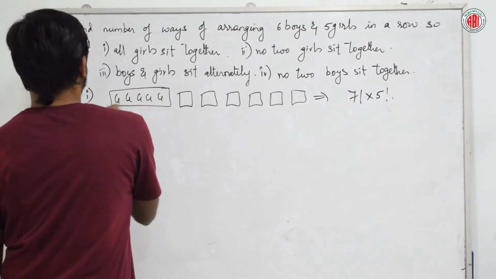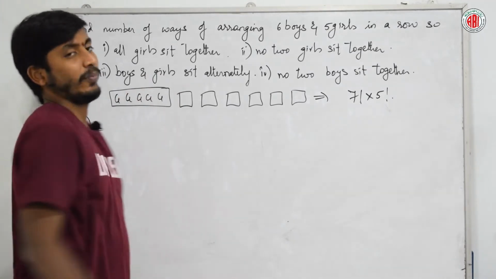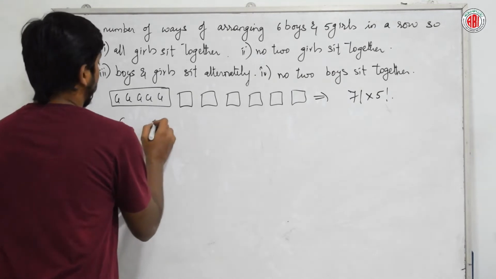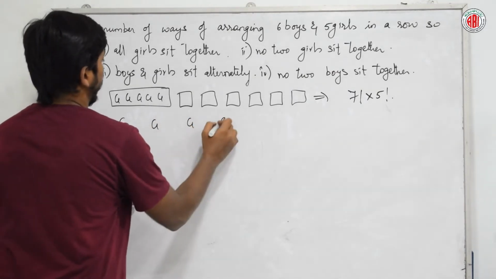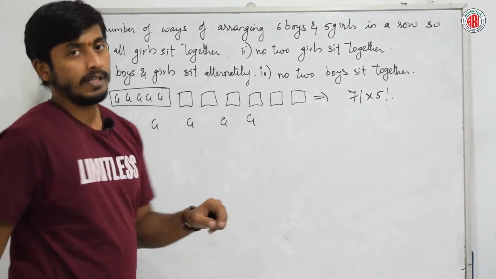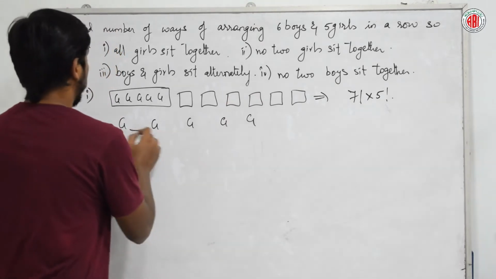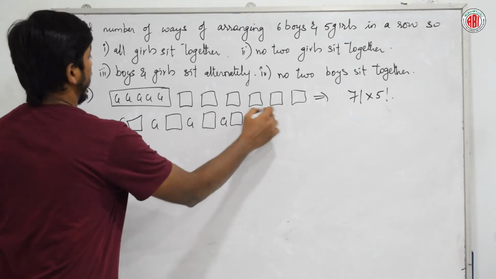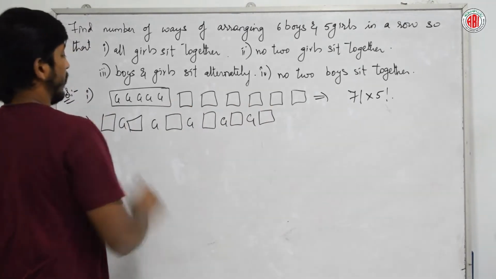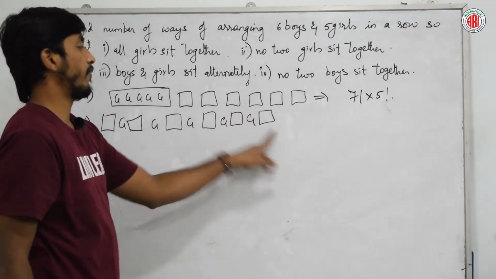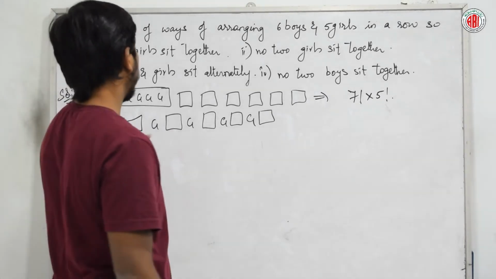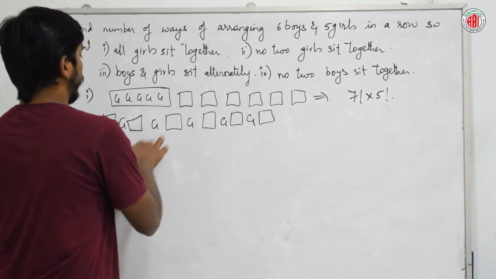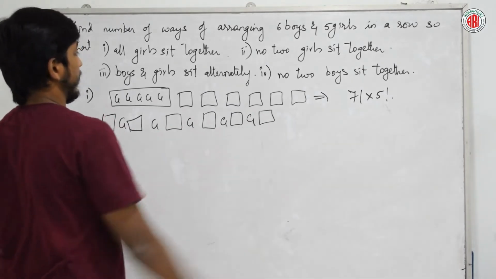No 2 girls sit together. Let me put the girls separately: 1, 2, 3, 4, 5. There are 6 positions for boys: 1, 2, 3, 4, 5, 6.